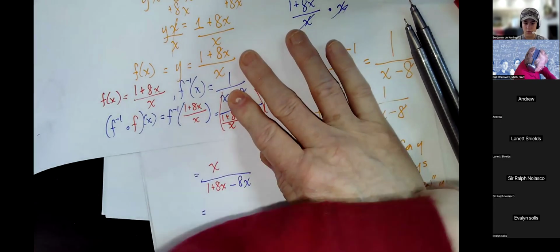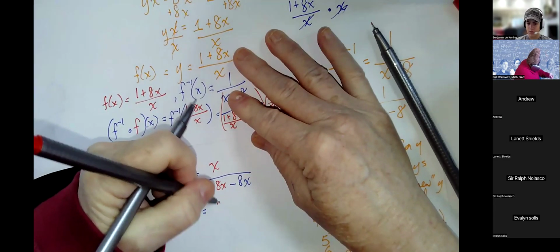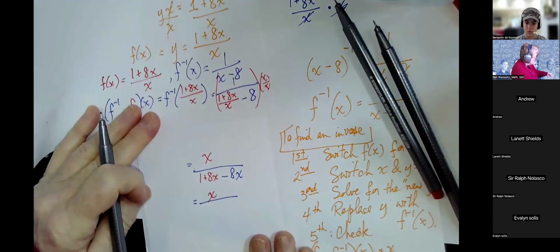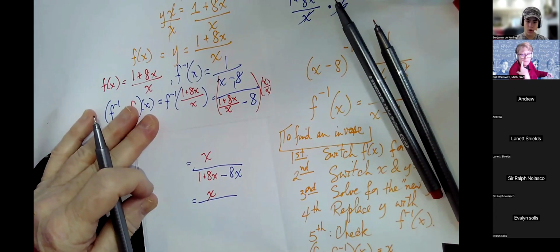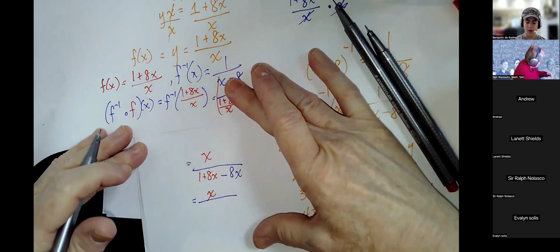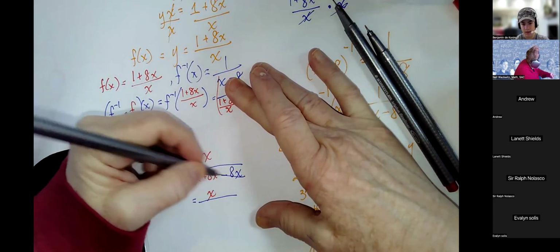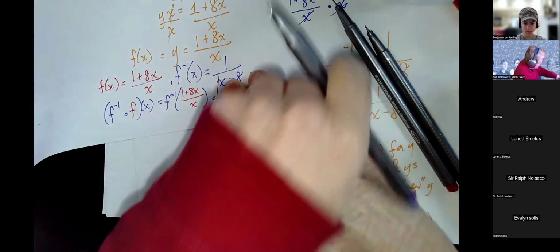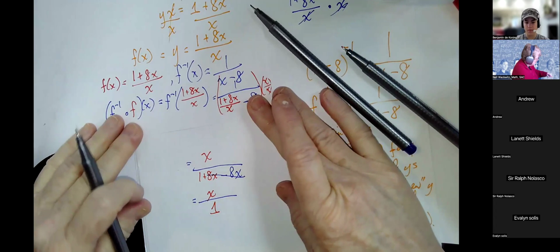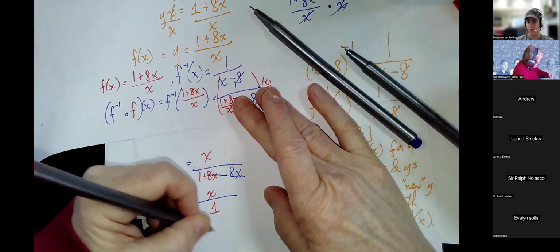In the numerator, we just have x. Can we do any simplification in the denominator? Yeah, 8x minus 8x would just cancel out to make 0. Excellent. So what are we left with in the denominator? Just 1. Beautiful. And x over 1 is x. Yay.